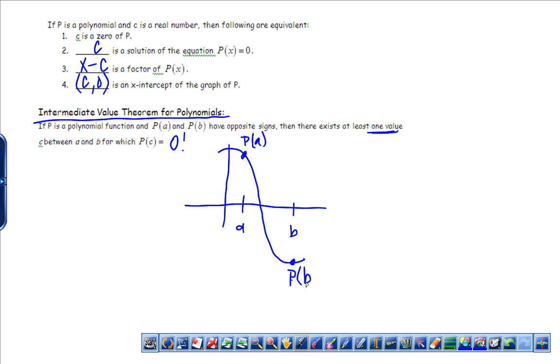They're saying if you have a function that goes through this and it has an opposite sign, so you have a positive and a negative, or a negative and a positive, then you're going to have a c value, which is equal to 0. Okay? And that has to be your c. That's all that means.